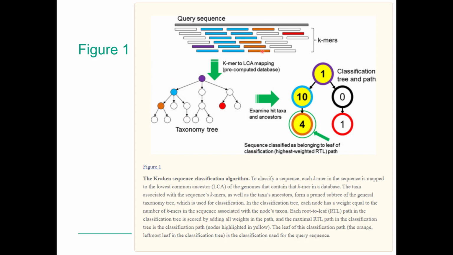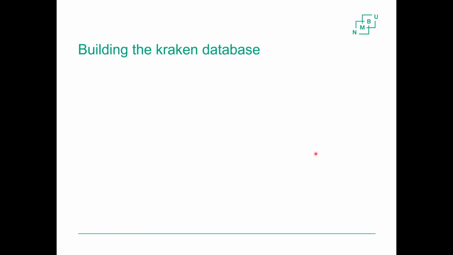We can see that there are some reads and some k-mers up here, and there is some taxonomy tree here, and there is some classification path or tree over here. So let's see if we can understand this idea first.